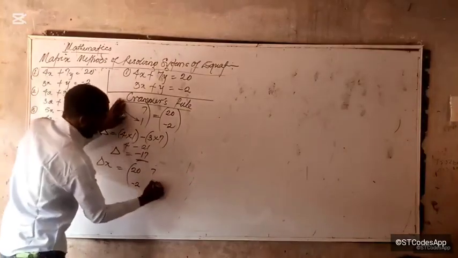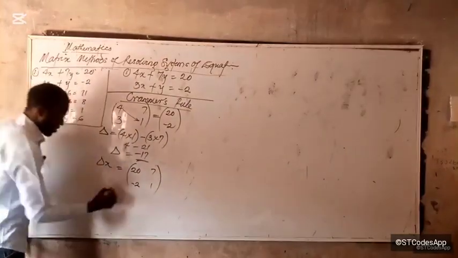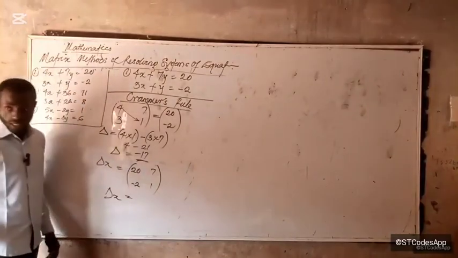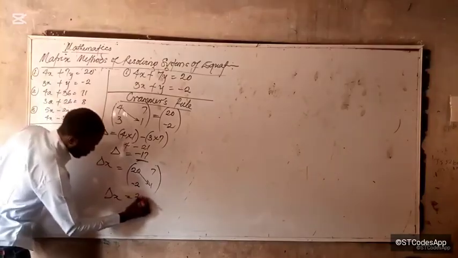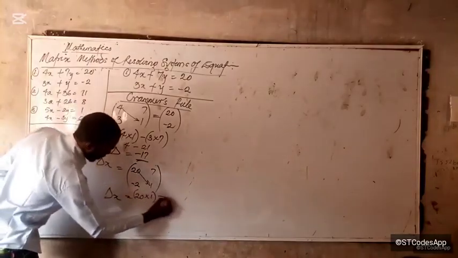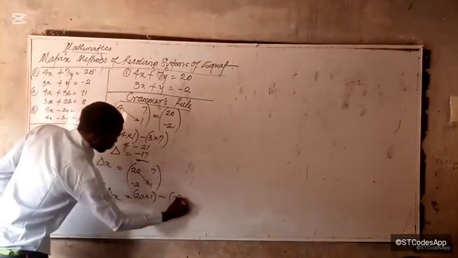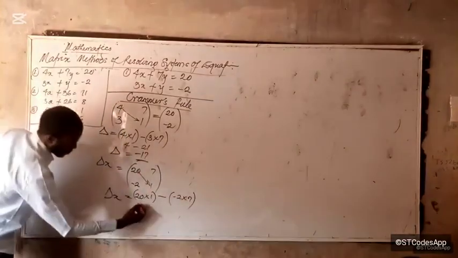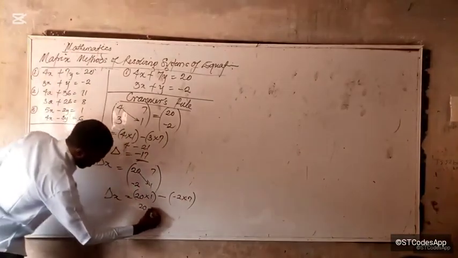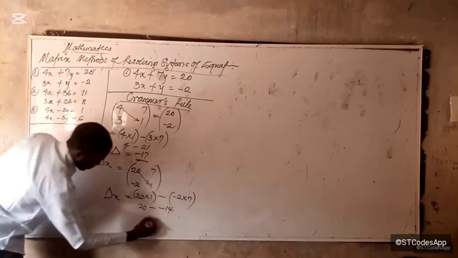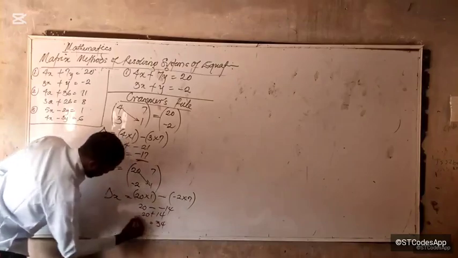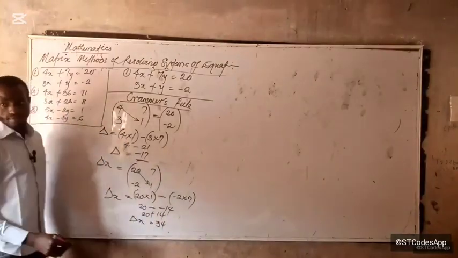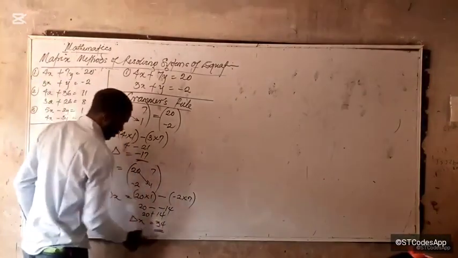The other column doesn't change, 7 and 1. You get that? So delta x, using the normal way we take a determinant, is 20 times 1 minus minus 2 times 7. So this becomes 20 plus 14, and that's 34. That's delta x. Is that clear?